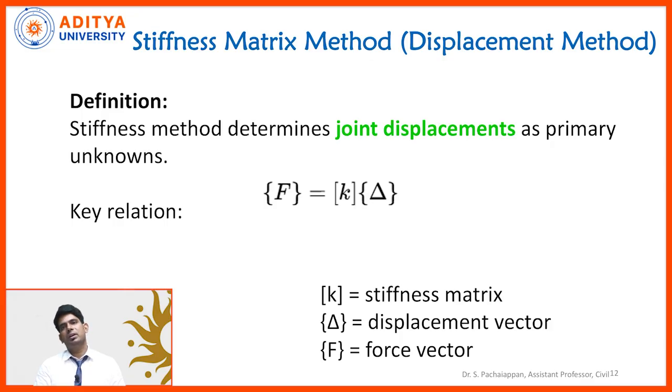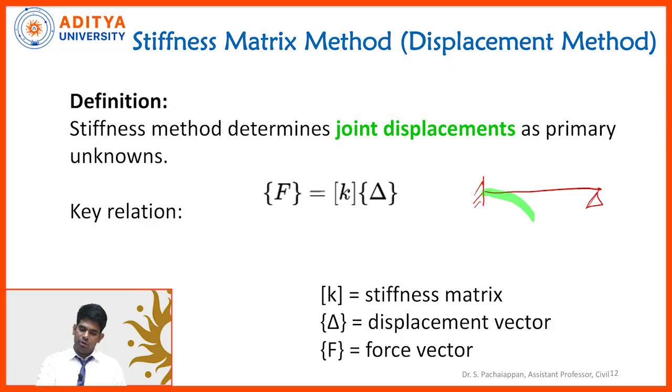all those things. And now we are at the stiffness matrix method. The stiffness method determines joint displacements as the primary unknowns. As I told, I will take the same problem here, and this is going to deflect. Let's take a different color.